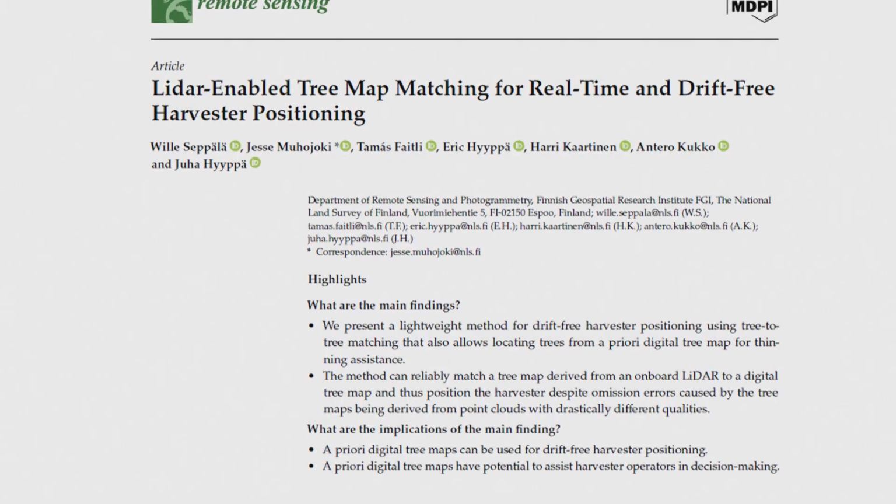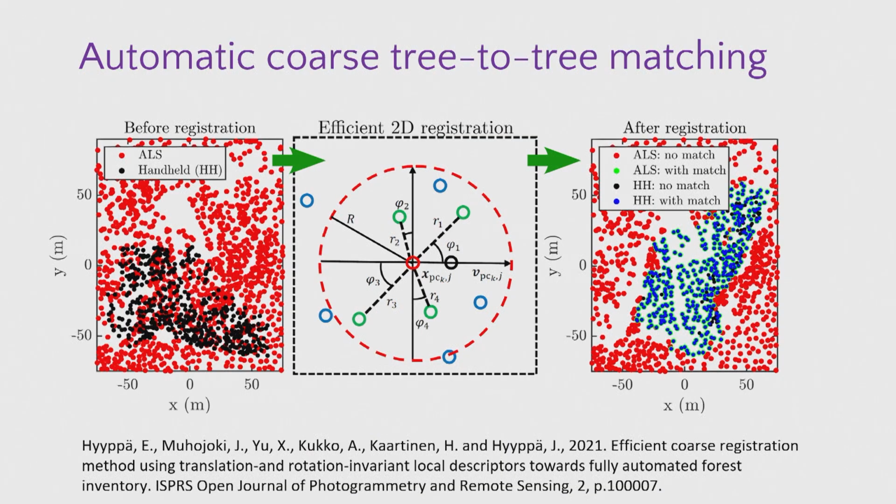This tree-to-tree matching has also been published, and we saw that this is a feasible concept if the number of trees per hectare is less than 1,800 stems per hectare, which is quite feasible. In that matching, we are using an algorithm which is very fast.